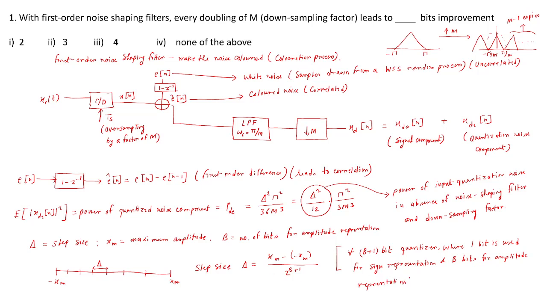You can further simplify this. Actually it's 2Xm by 2 to the power B plus 1, which you can cancel 2 in the numerator and denominator, and you get Xm over 2 to the power B.